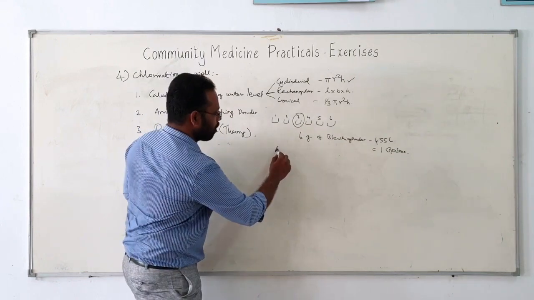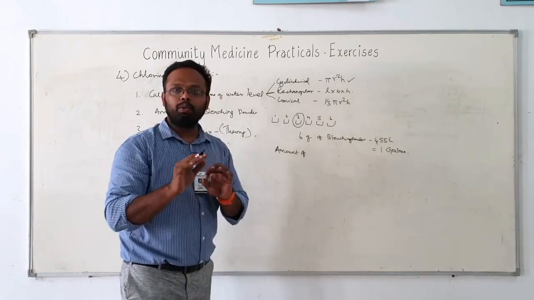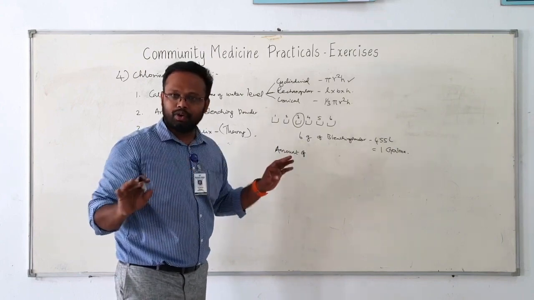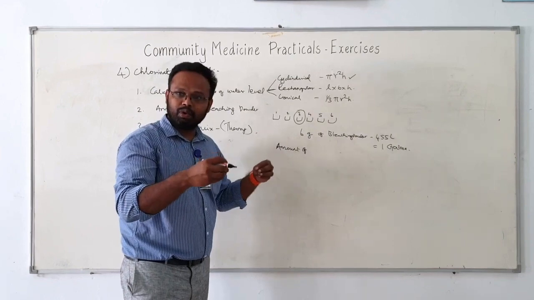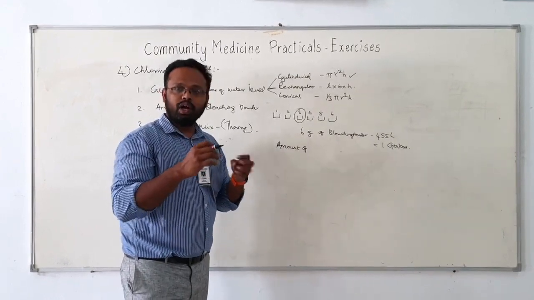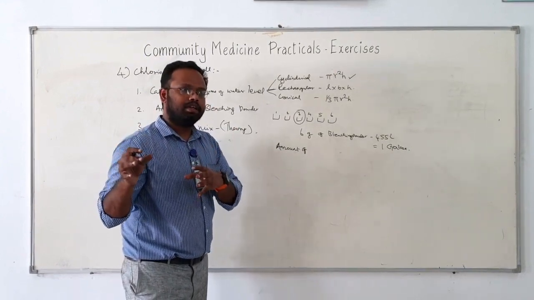It is given by the formula for the amount of bleaching powder. Here you need not worry about the percentage of the bleaching powder, because the Horrocks apparatus does not take it into consideration. You are testing with the Horrocks apparatus with the bleaching powder and the water, and you are going to do the disinfection. So you don't need to worry about the percentage of chlorine present in the bleaching powder.